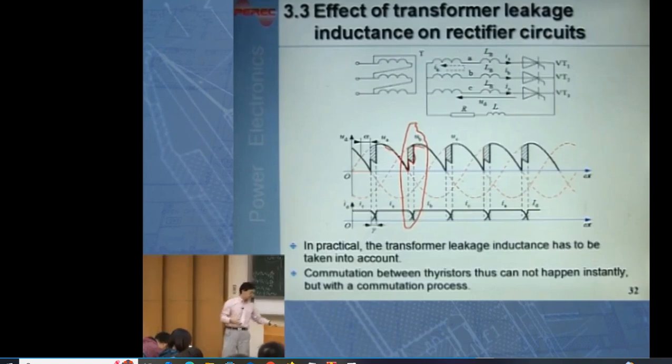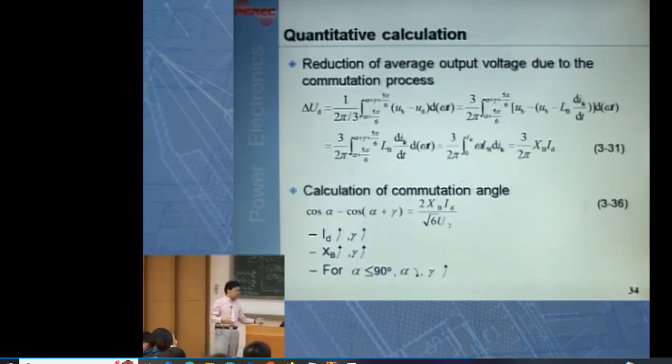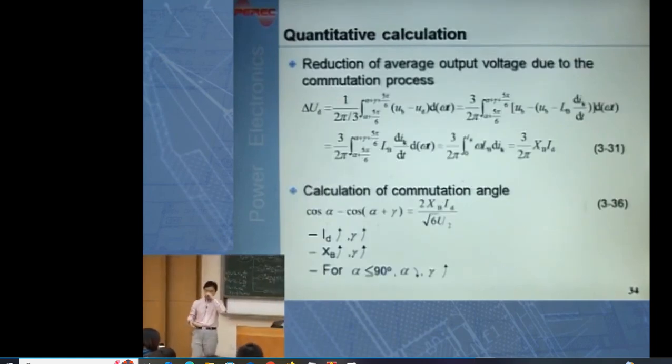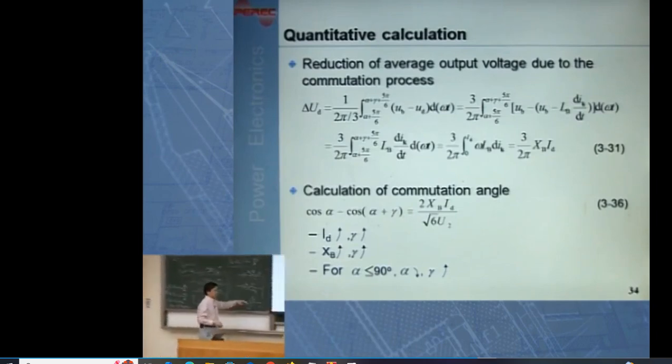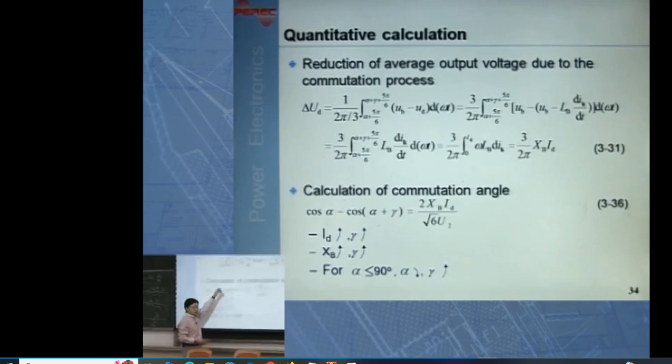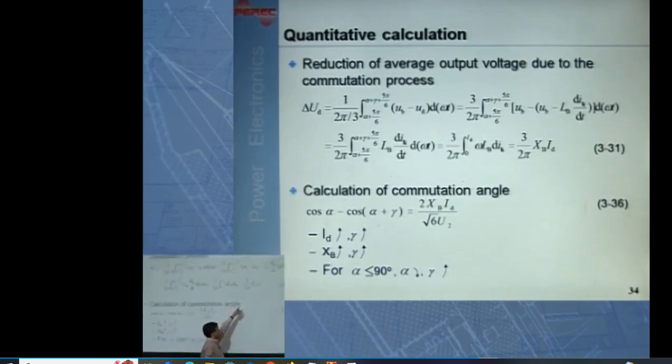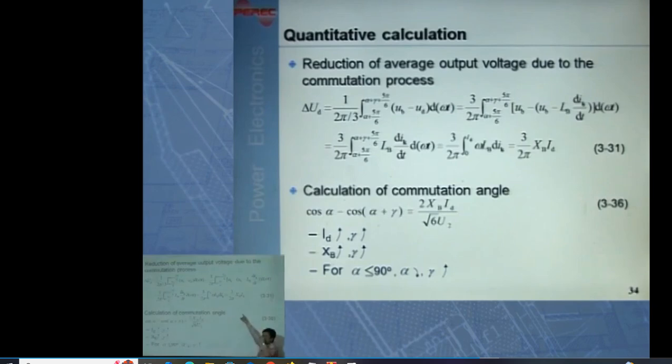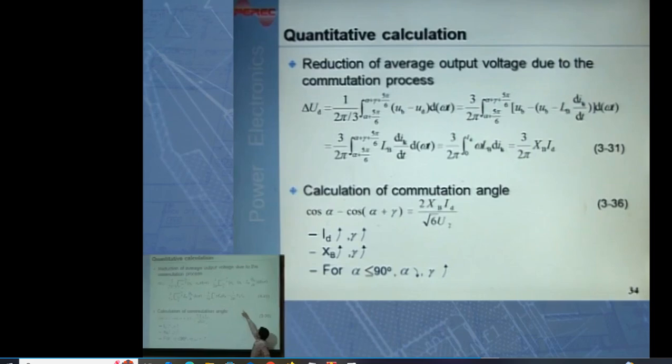There's a calculation in the textbook and the lecture notes. We found out that for the three-phase half-wave rectifier circuit, this is the voltage you lose in the average voltage.